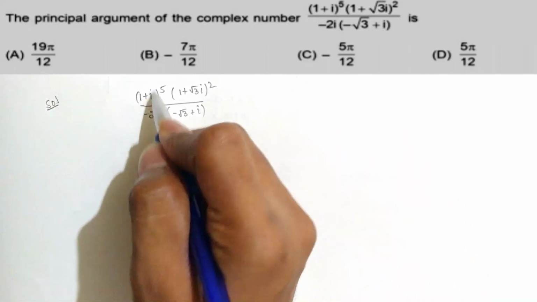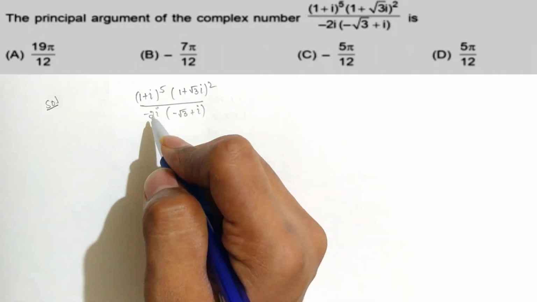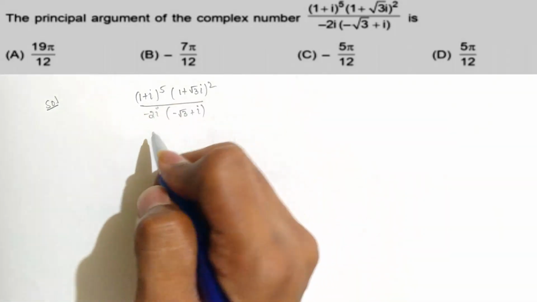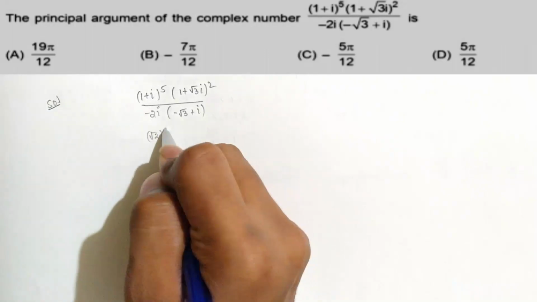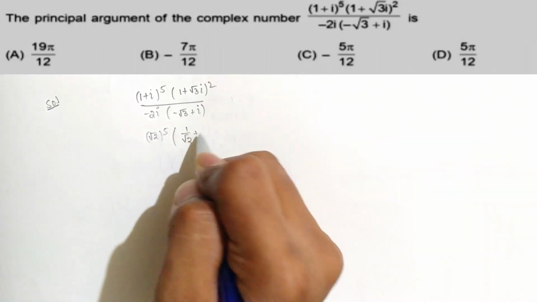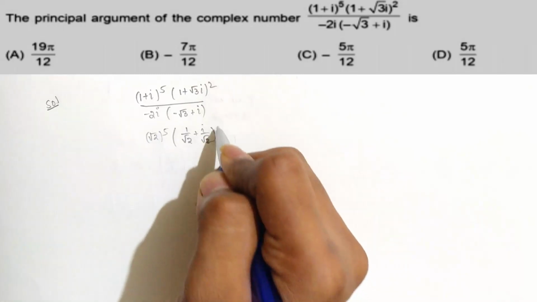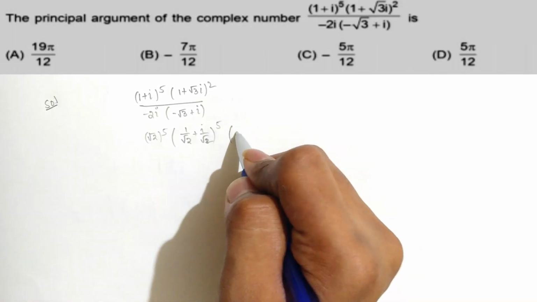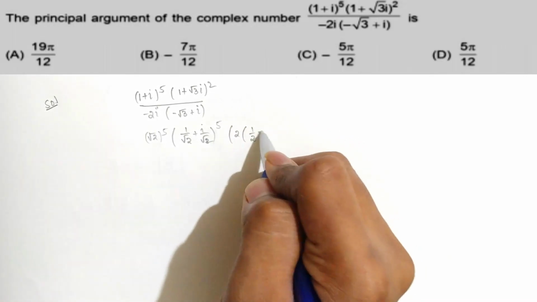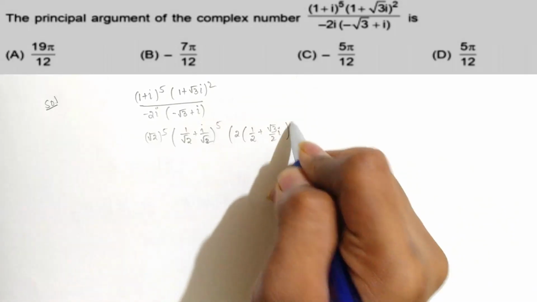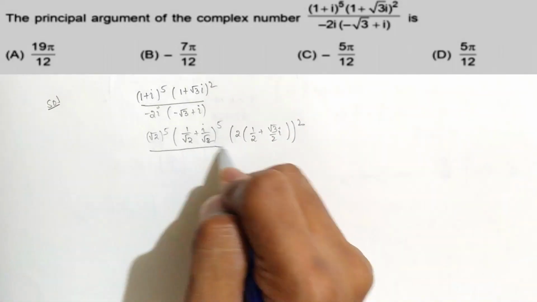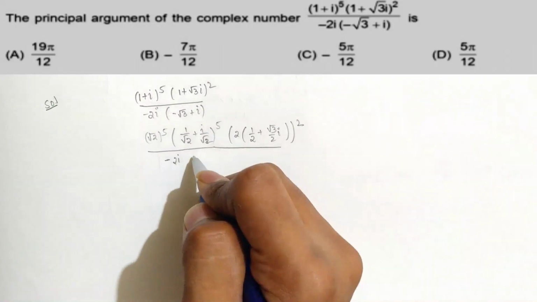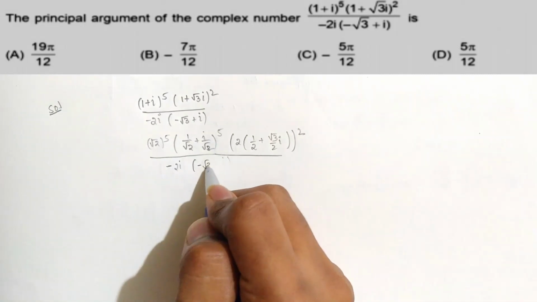Well, now this is 1 plus i. So to make it into Euler form like e power i theta, multiply and divide it by root 2. Root 2 whole power 5 into (1 by root 2 plus i by root 2) whole power 5, and here also divide it by 2 and multiply it by 2. 2 into (1 by 2 plus root 3 by 2 i) whole square, divided by minus 2i into minus root 3 plus i.